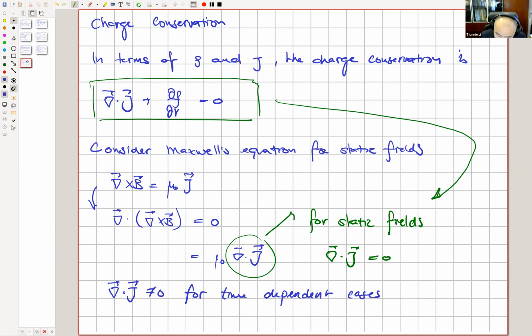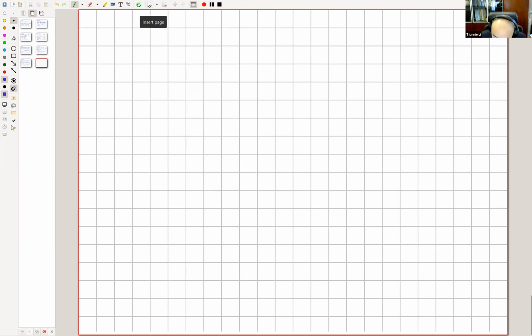And we can actually show that this should work, because by including the displacement current, what do I get?